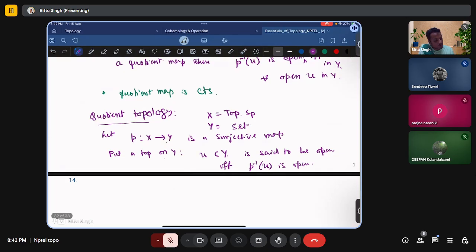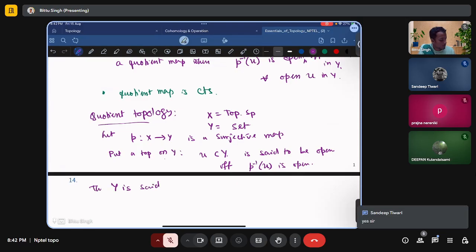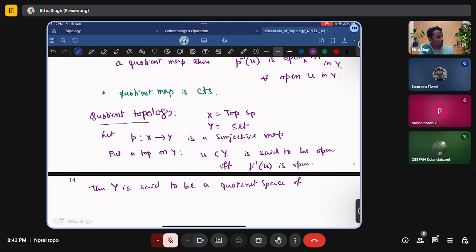So this Y is said to be a quotient space. Okay, then this Y is said to be a quotient space of X. So it is the generalization of surjective map.